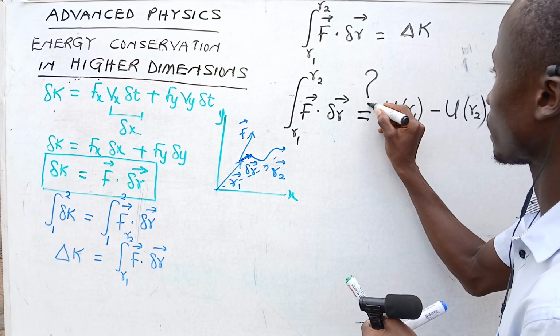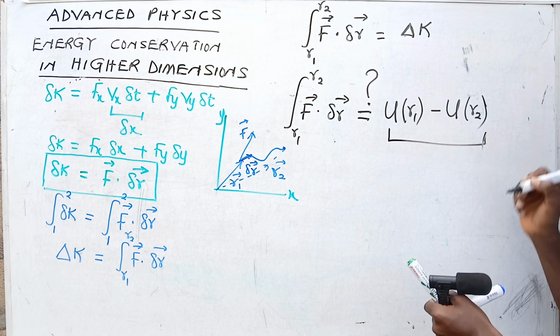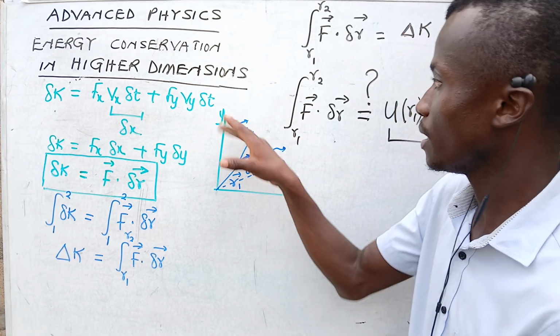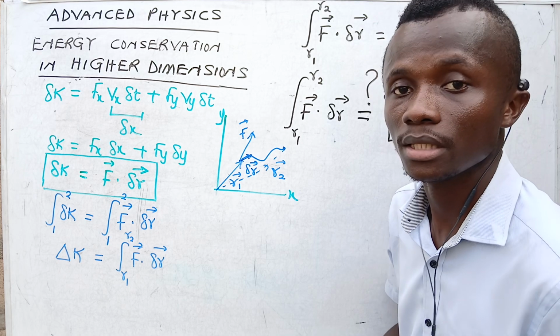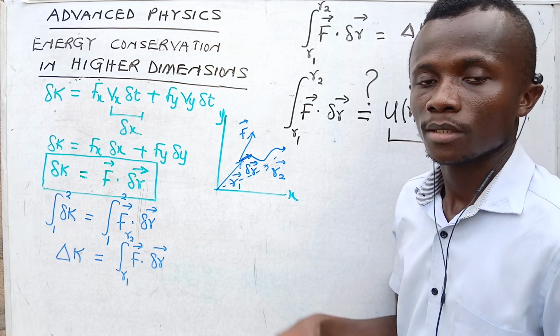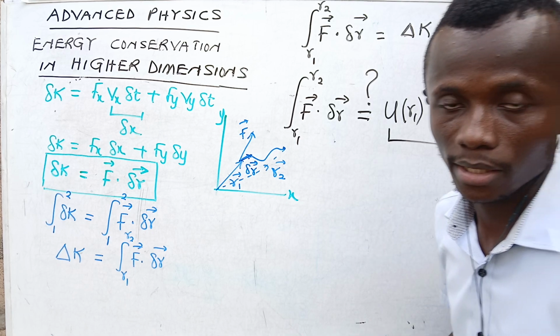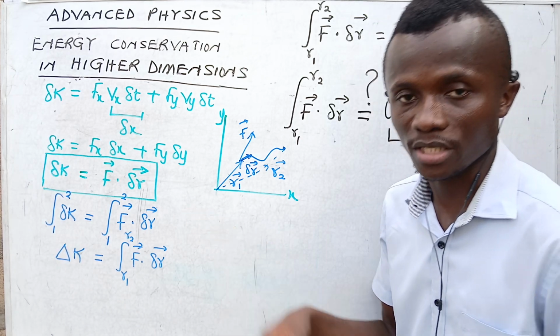That is a great question mark. If we can do this, then we are cool to go. We have also solved the problem in multiple dimensions. But in general, this doesn't work. It doesn't work for all forces.